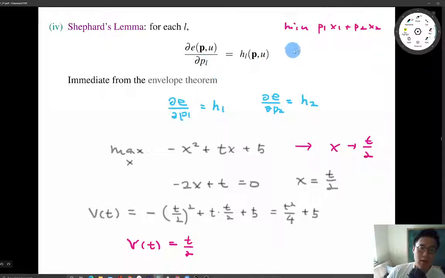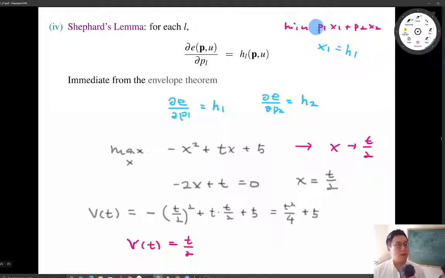The only thing we have to do for this job is take the derivative of the objective function with respect to P1, and then we are left with just x1. Then we substitute the optimal solution. The solution to this minimization was the Hicksian demand, so that is h1. So that is one way to prove this Shephard's lemma, using the envelope theorem.